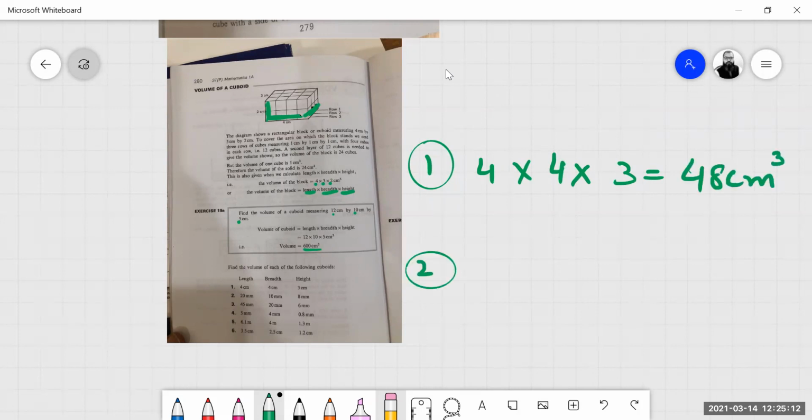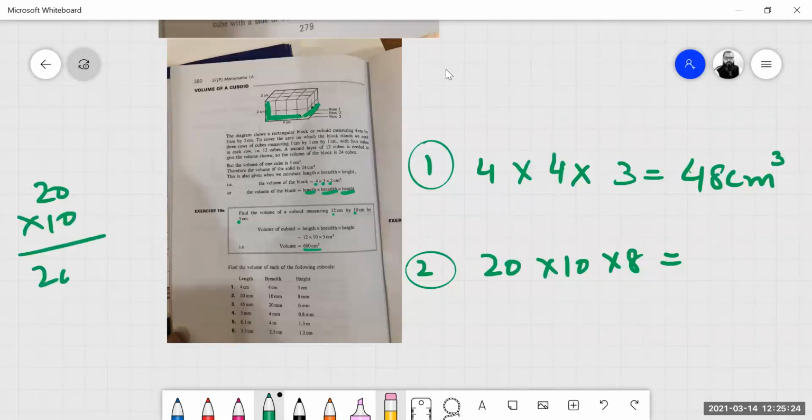Like question number 2: 20 multiply 10 multiply 8. When we multiply this, what will be the answer? 20 multiply 10 equal 200, multiply by 8, 1600.